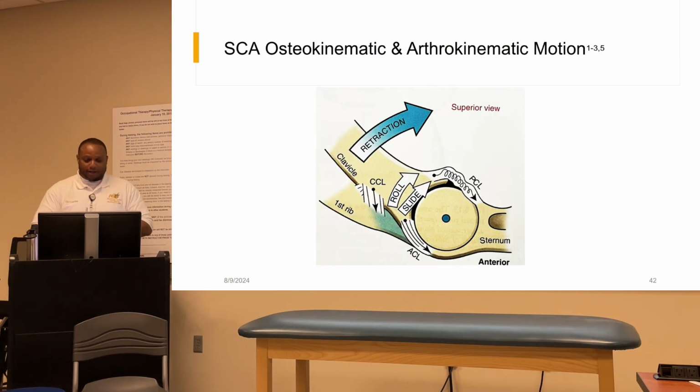So again, with retraction, moving towards midline with horizontal abduction, roll and slide are going to occur in the same direction, moving posteriorly, okay?